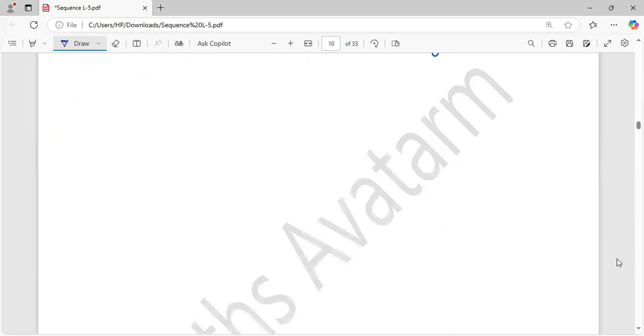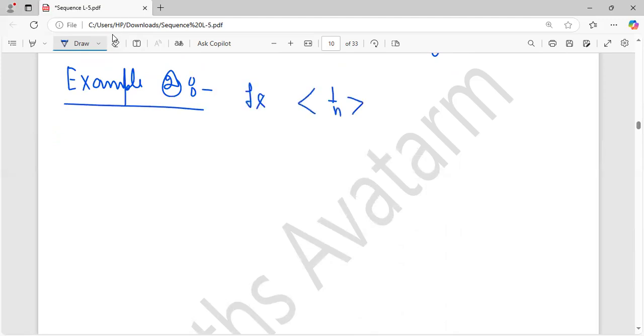Now, example 2. Is this sequence convergent?